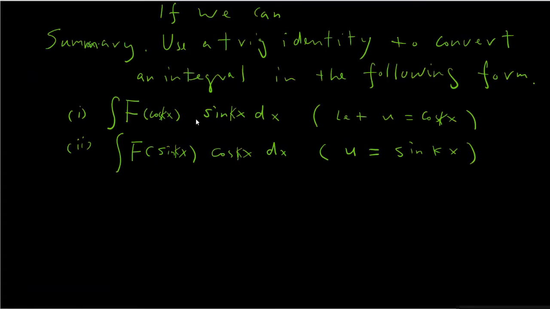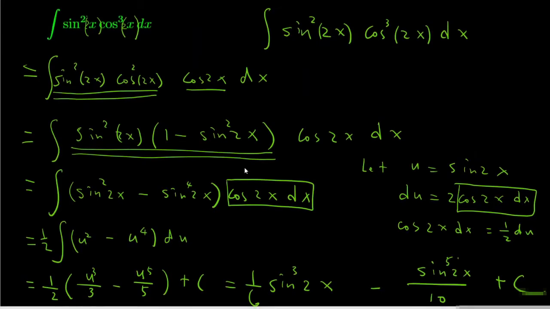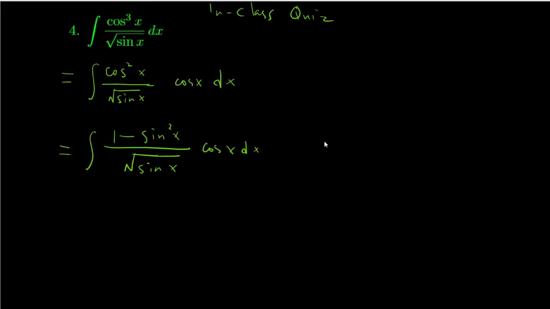One factor is a function of sine of x. It's in terms of sine of x. The other factor is cos of x. In the question, we had the k value of 1. Right. At this point, you are ready to do the substitution.